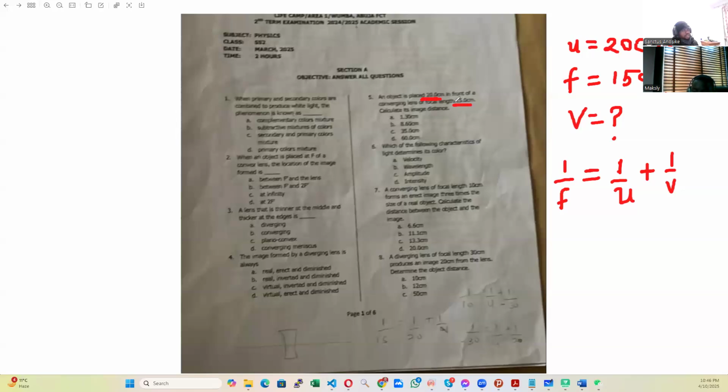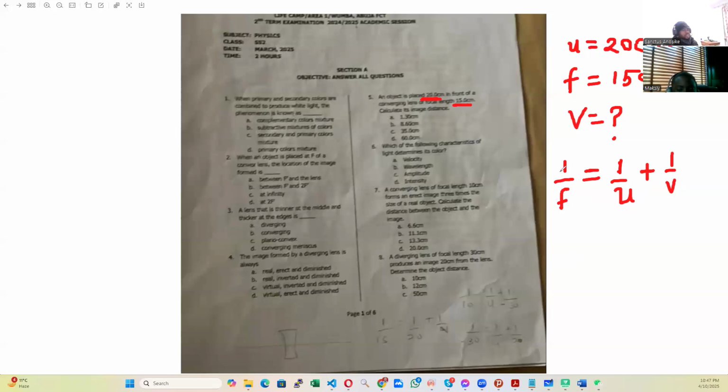If the object's position now, as this is 15, if the object's position is 10, this would have been a virtual image and this would be minus. Do you understand? Yes. So it shows that the object is placed behind the focal point. So that's why the image is real. So in that case, we're using 1 over f equal to 1 over u plus 1 over v.